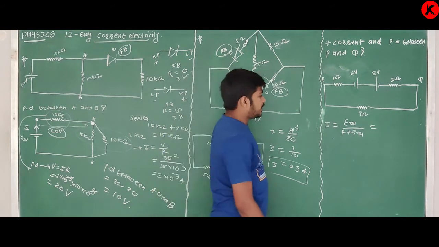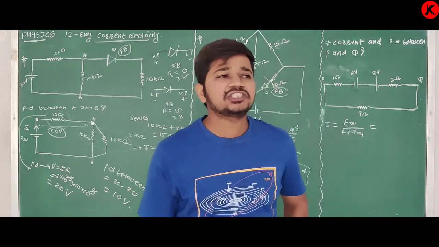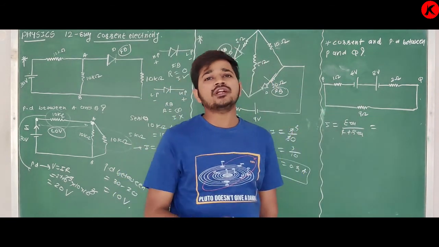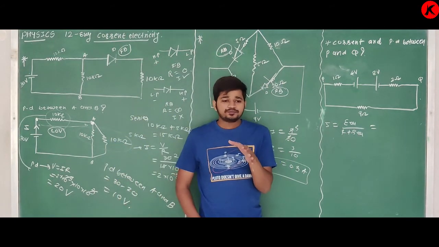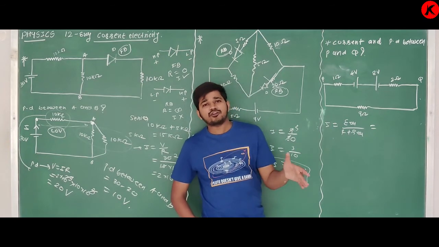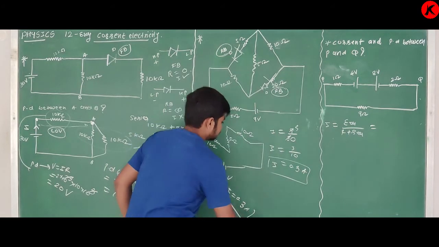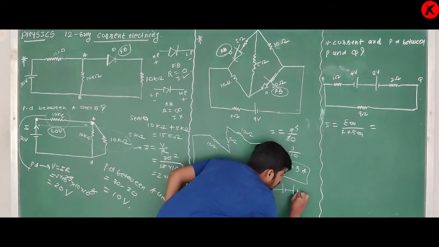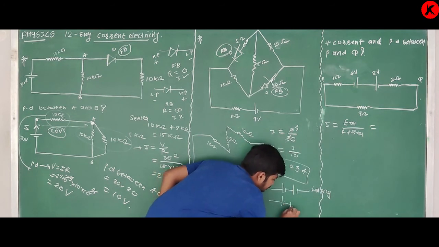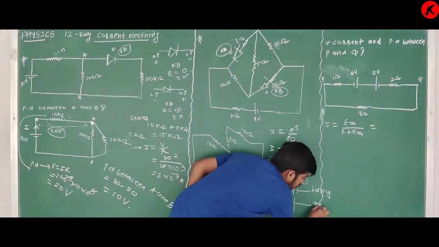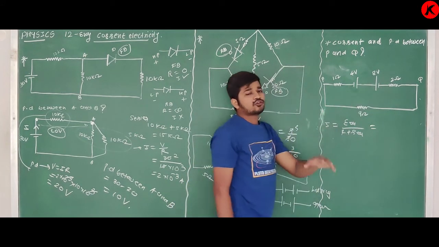So see how to find E equivalent. These two cells are in series connection, but they are in opposing condition. There are two conditions of series connection of cells: helping condition and opposing condition. If you are given like this, it is called opposing condition, or like this: minus plus, plus minus, which is called opposing condition.